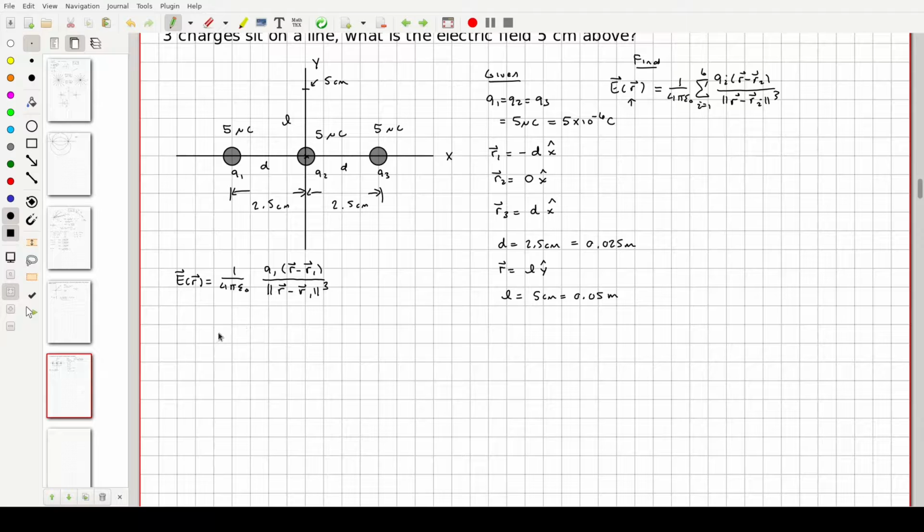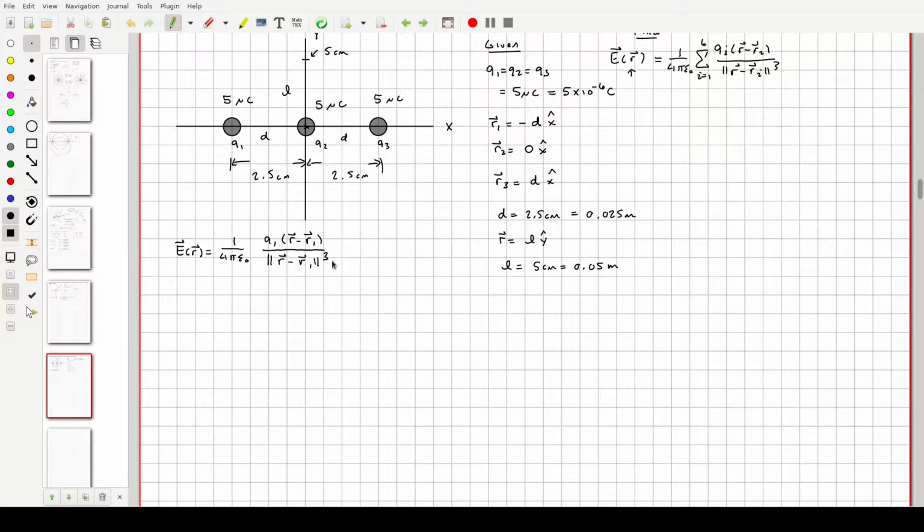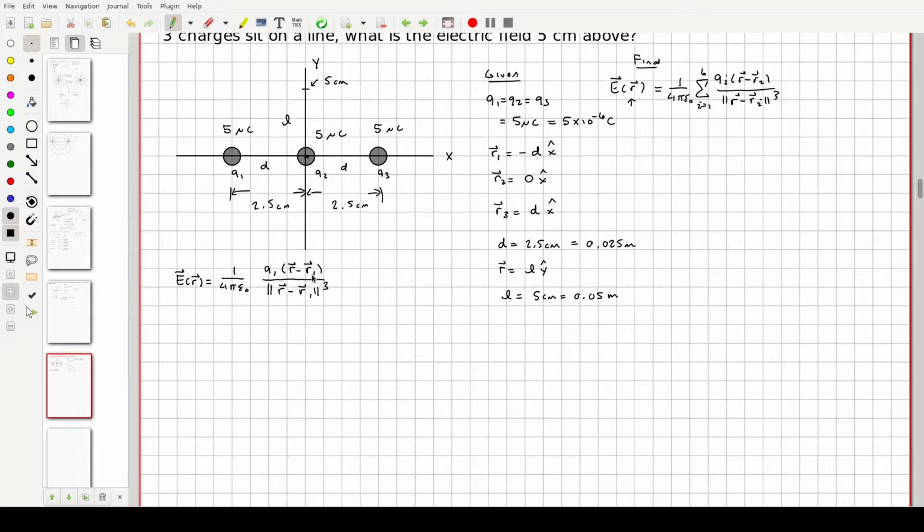This is the length cubed. Now, this is going to point from here to here at that location, like this.